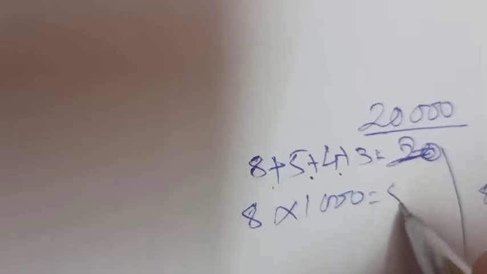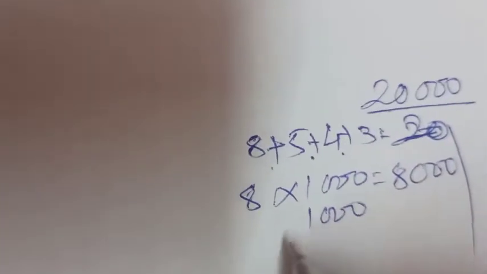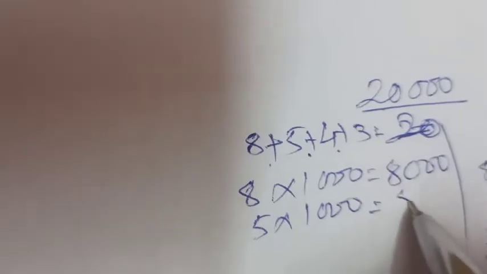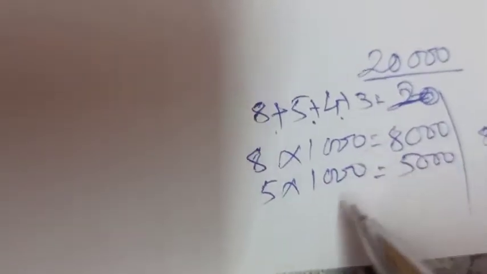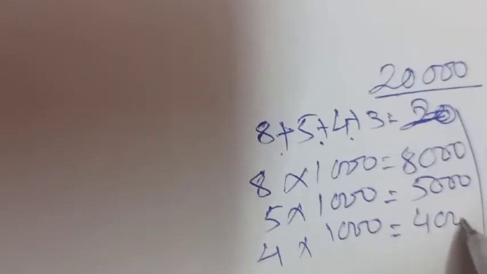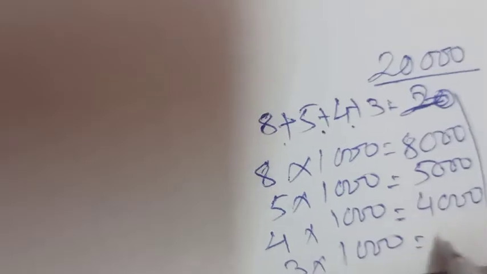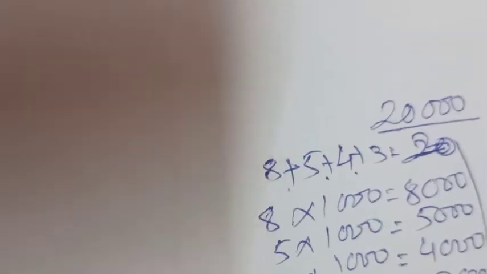Okay. Now 1,000 into 8 is equal to 8,000. 1,000 into 5 is equal to 5,000. 1,000 into 4 is equal to 4,000, and 1,000 into 3 is equal to 3,000.